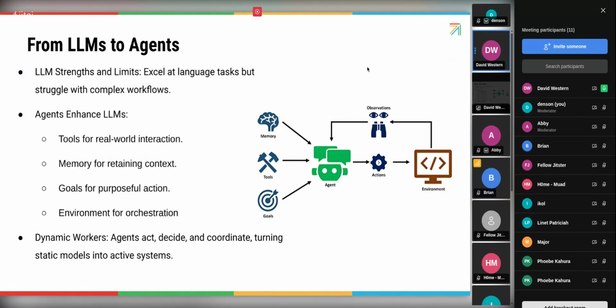These systems are quite excellent at that. But when you want to apply these LLMs to complex workflows, they tend not to perform to our expectations. So that's where AI agents come in.